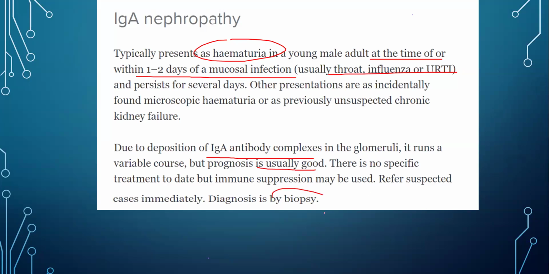The only way to confirm it is by kidney biopsy, which we normally would not do just for diagnosing, because there will be no change in the treatment. Okay, so that's IgA nephropathy.